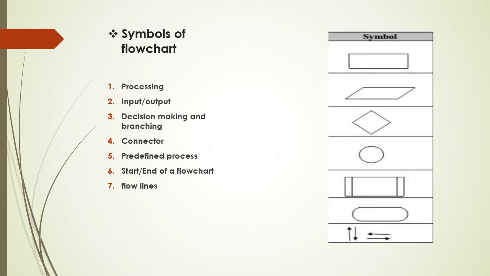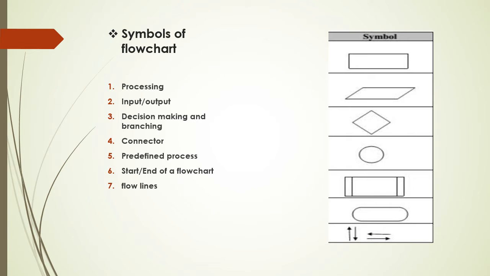The third one is decision making and branching. The diamond symbol shows a decision is required to move forward. This could be a binary yes or no choice, or a more complex decision with multiple choices. Make sure that you capture each possible choice within the diagram.